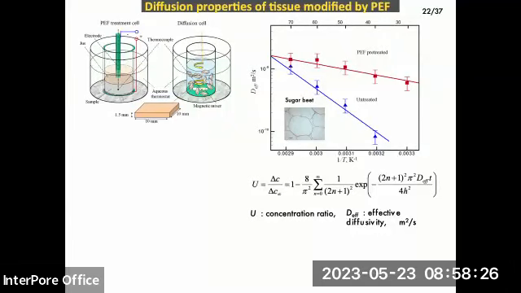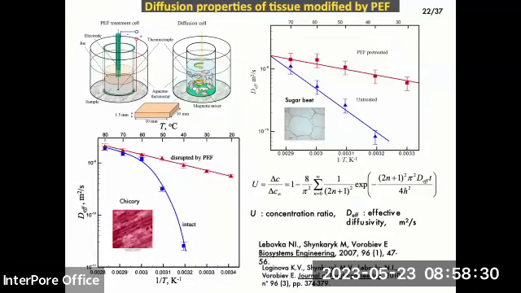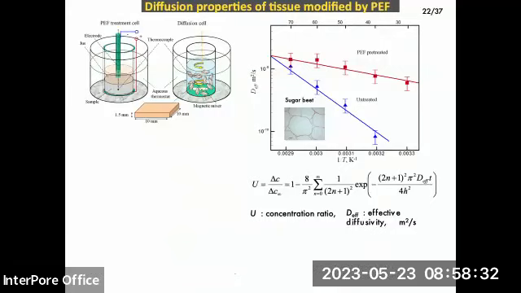From the solution of a classical diffusion equation, we can obtain the concentration ratio, and then from this equation we can determine the effective diffusivity coefficient. And here on the graph you can see the effective diffusivity coefficient as a function of the temperature.